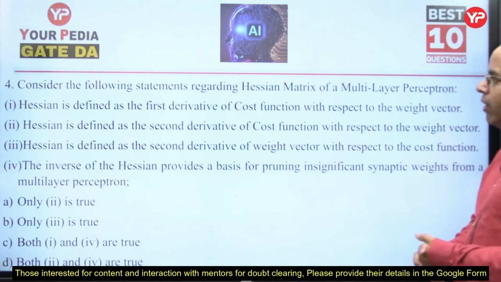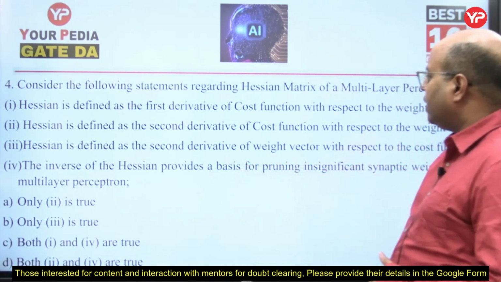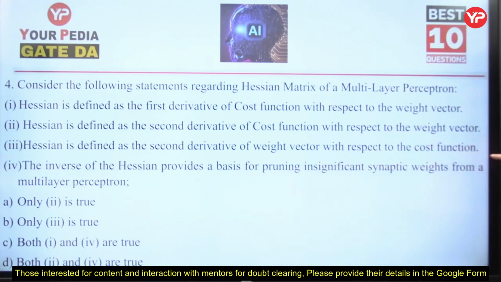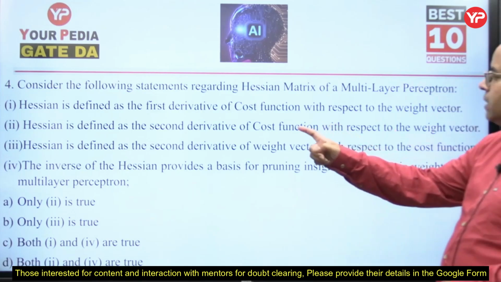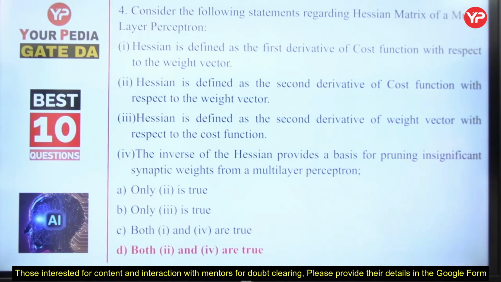Then Hessian is defined as the second derivative of weight vector with respect to the cost function. No, cost function with respect to the weight vector. And the inverse of the Hessian provides a basis for pruning insignificant synaptic weights from a multilayer perceptron. Yes, that's also true. So here 2 and 4 are true. D is the answer.